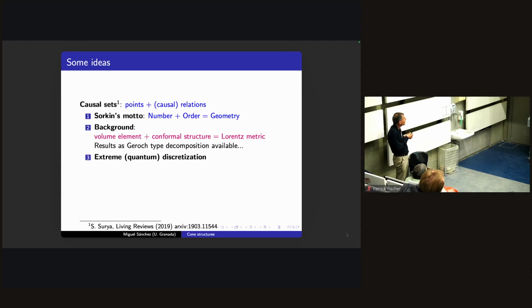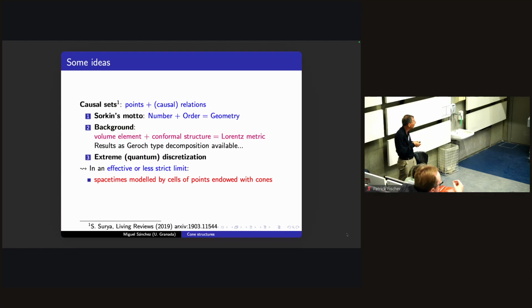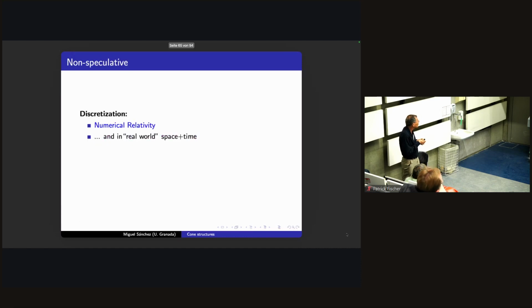Anyway, these causal sets can be regarded as an extreme quantum discretization. And in an effective or less strict limit, one could think about space-time models made of points with cones. Indeed, I am going to speak about a non-speculative idea, and perhaps this non-speculative idea can be useful also for these more fundamental physics ideas.